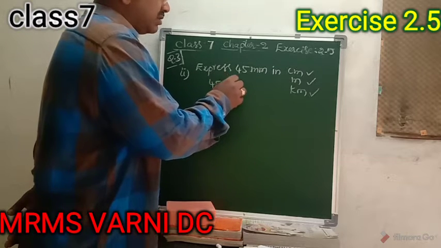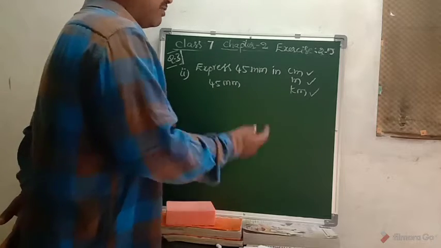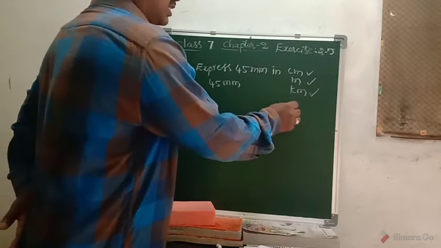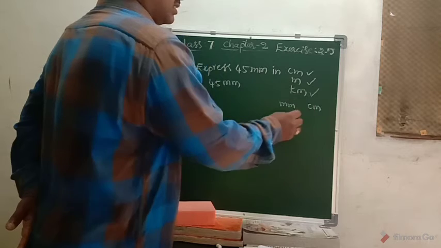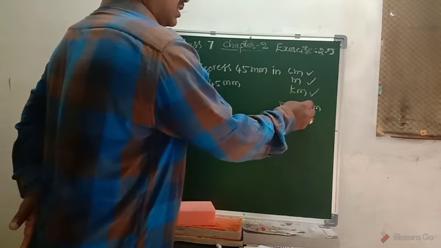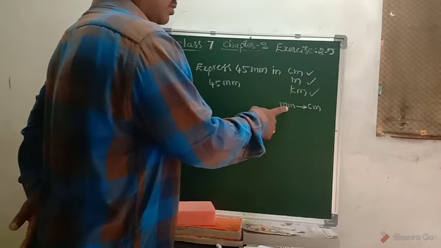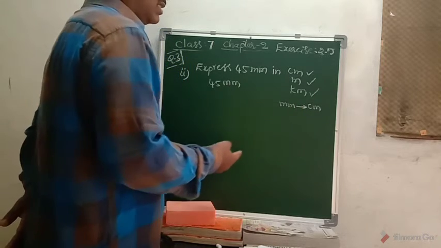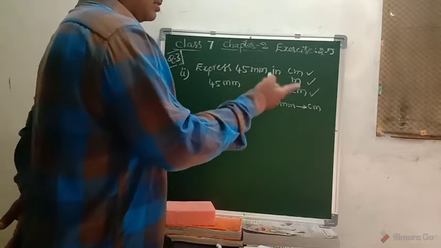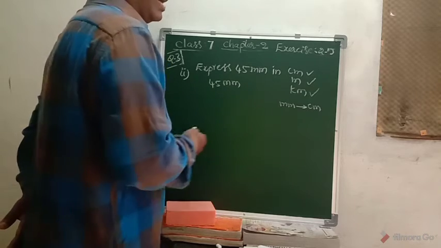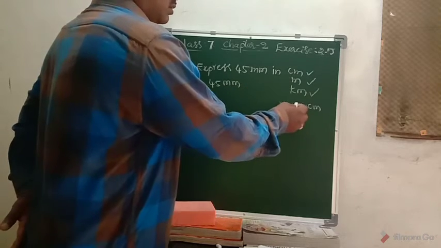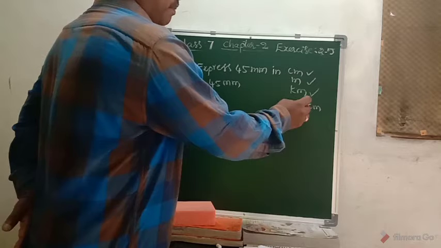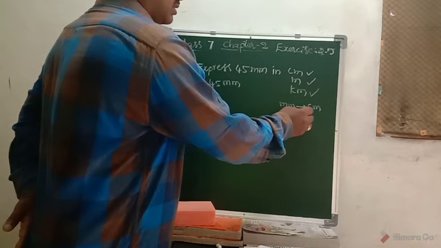To convert 45 millimeters into centimeters, note that millimeters are smaller than centimeters. We know that to convert smaller units into higher units, we have to divide. What is the number to divide by?